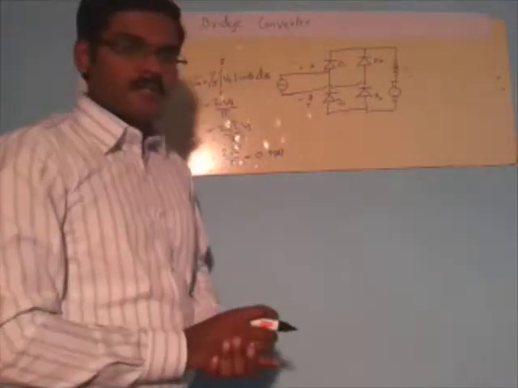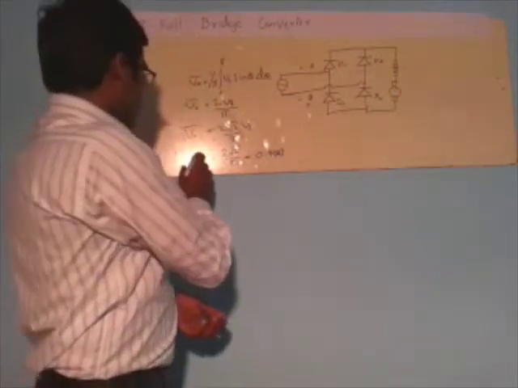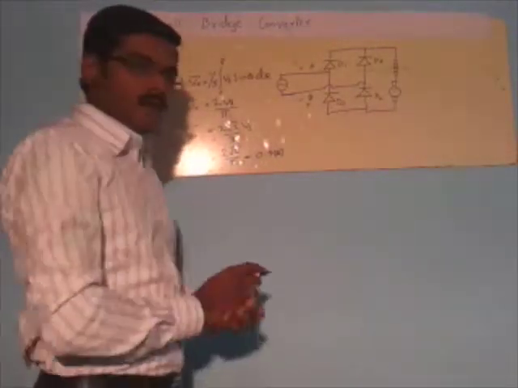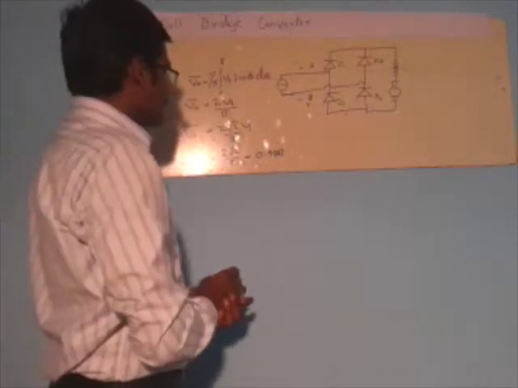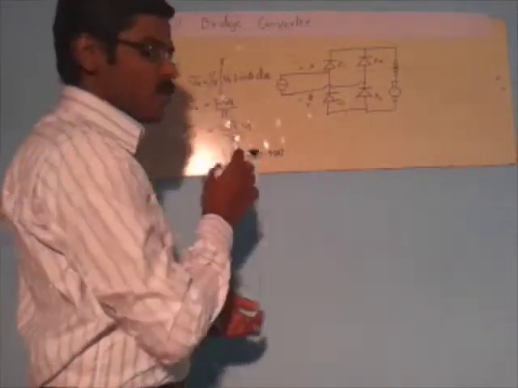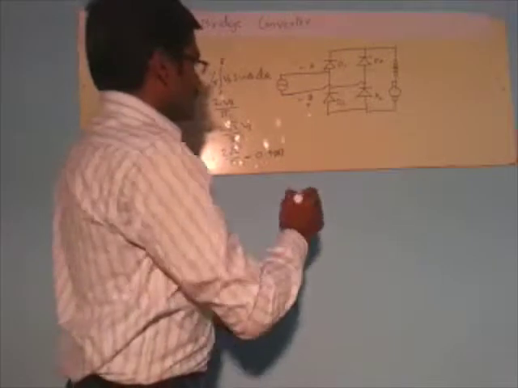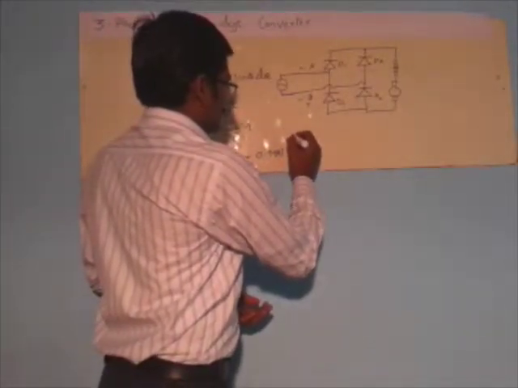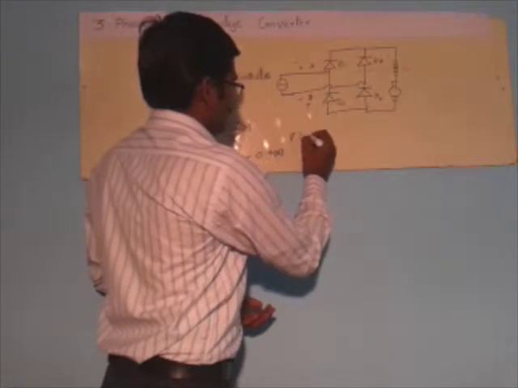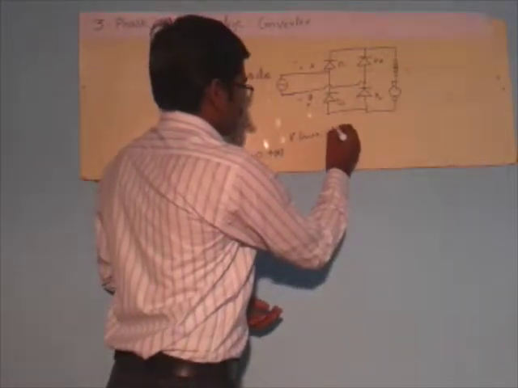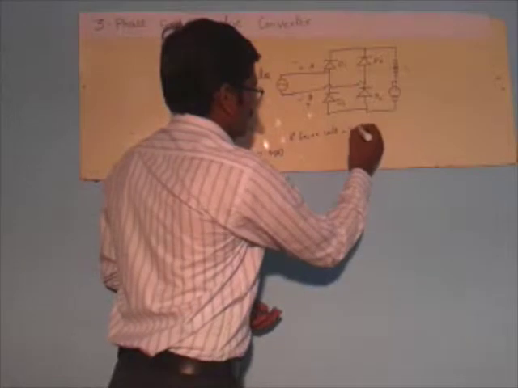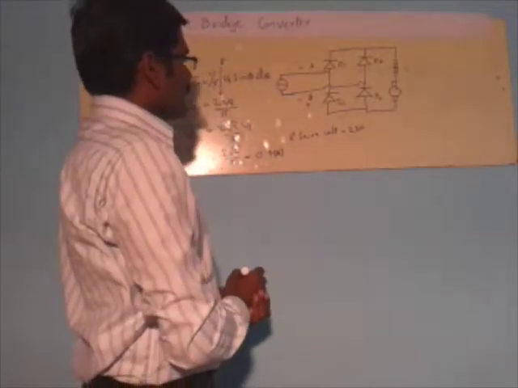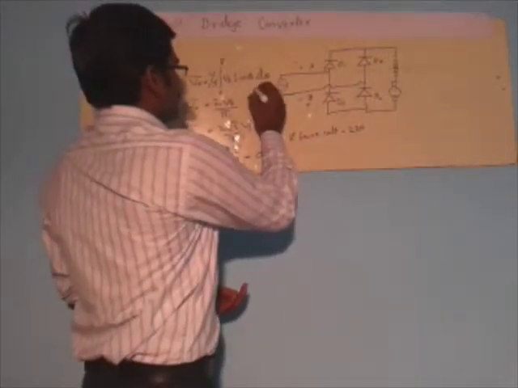Voltage transfer ratio means it is the ratio of DC output voltage to the RMS input voltage. We will take an example. The source voltage is equal to 230. If source voltage equals 230, here this voltage is 230.